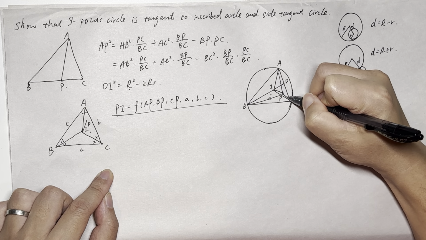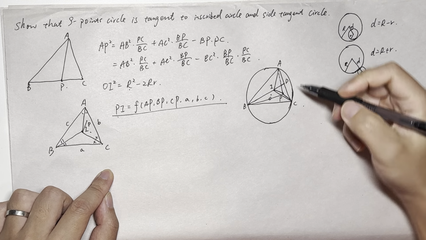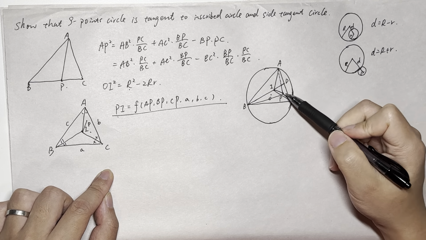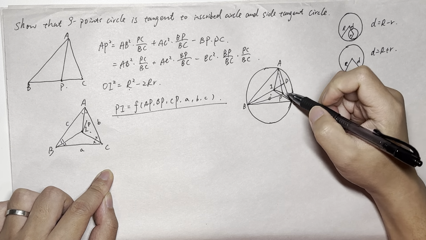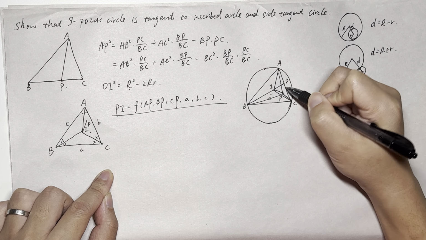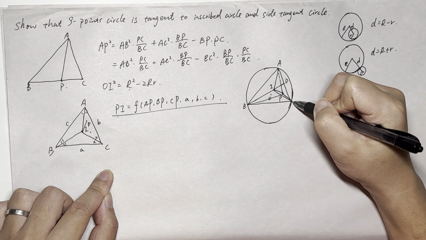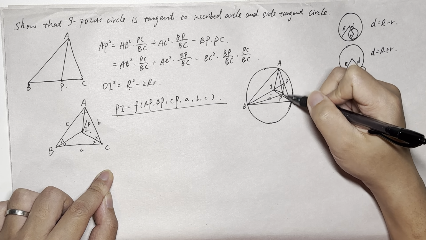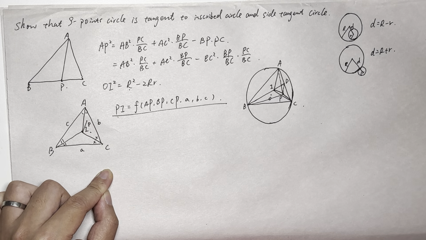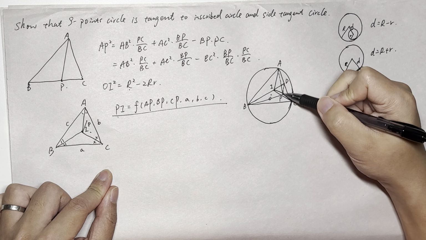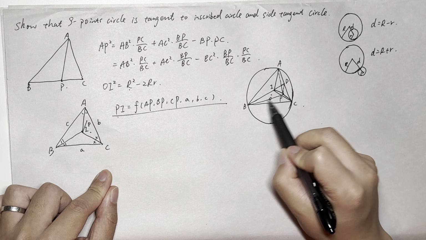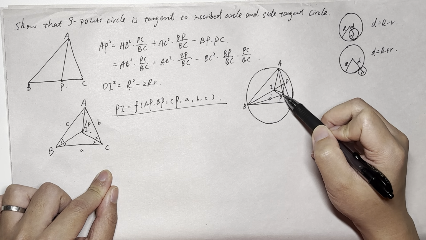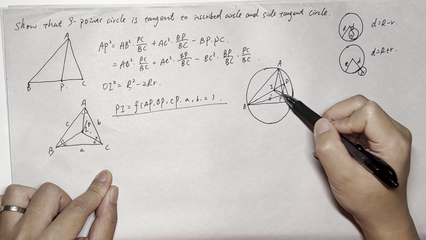We're assuming that we know AP, BP, CP. So because we know AP and PC, we can figure out the length of PD. Once we get the length of PD, we know the length of BP, then we can use Stewart's theorem to find PI.